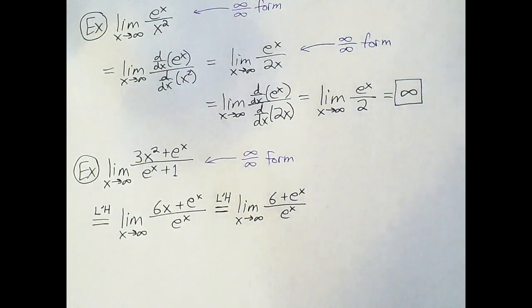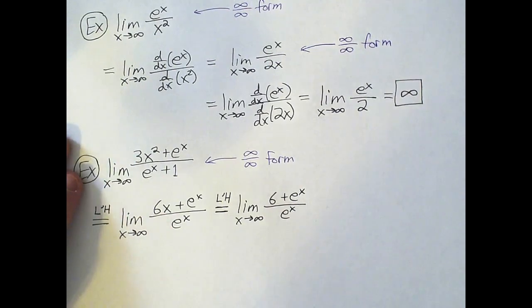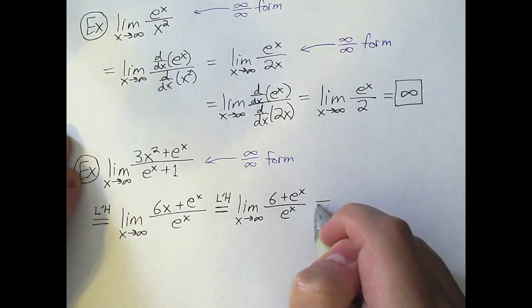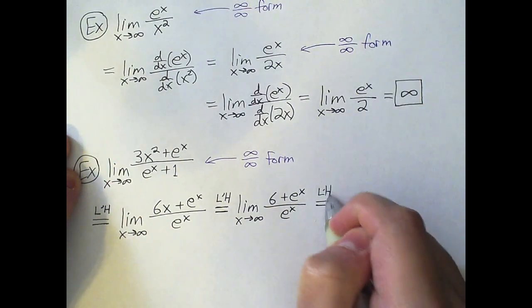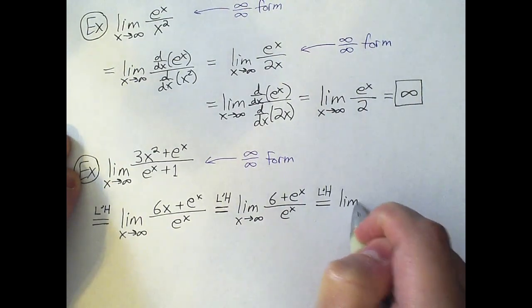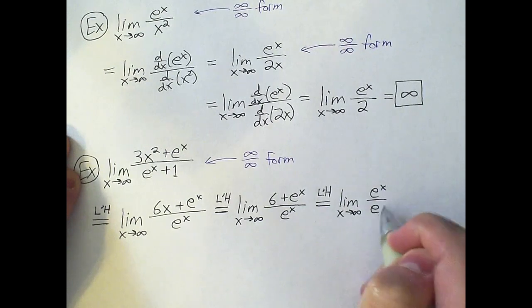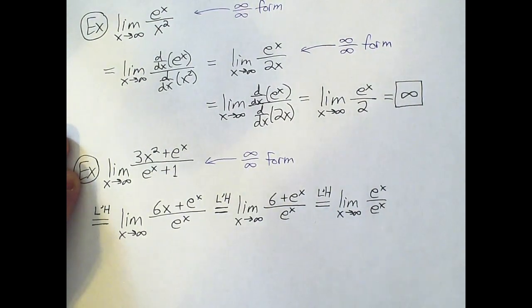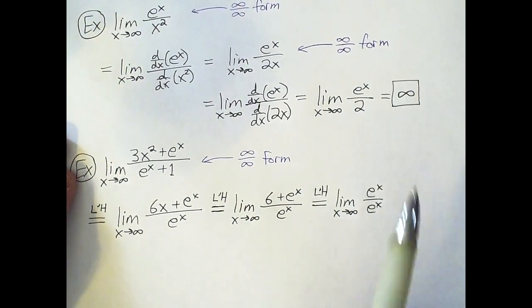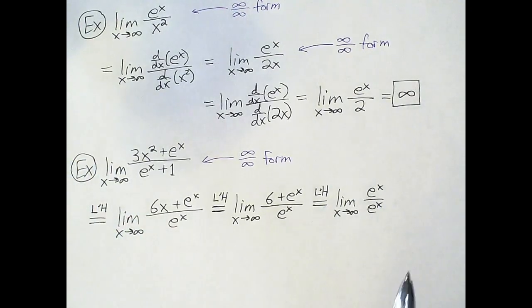We get this. Looks like the numerator is going to infinity and the denominator is going to infinity. We could apply L'Hopital's rule again, and we get e to the x over e to the x. Well, this is also an indeterminate form, right? It's an infinity over infinity case. And you might say, well, wait a second, if I apply L'Hopital's rule to this, it's just going to equal itself.